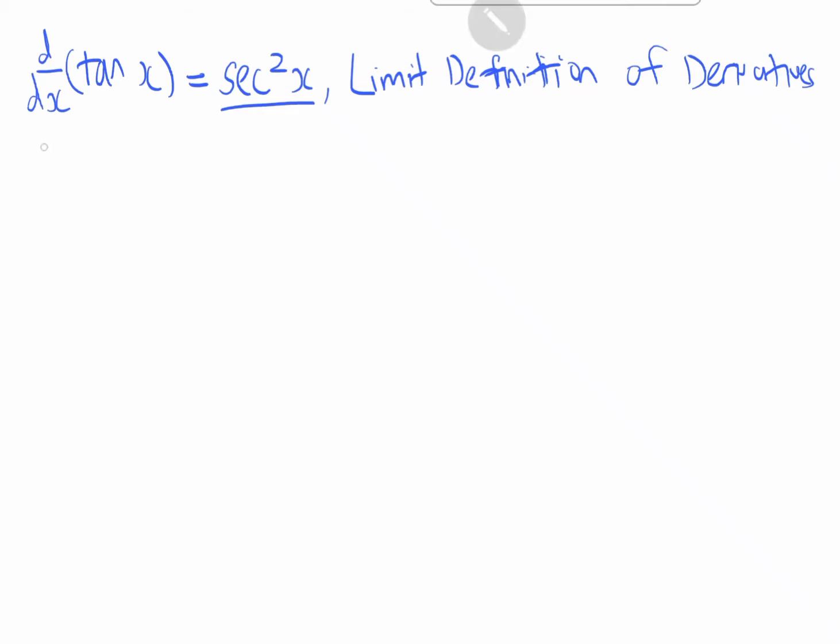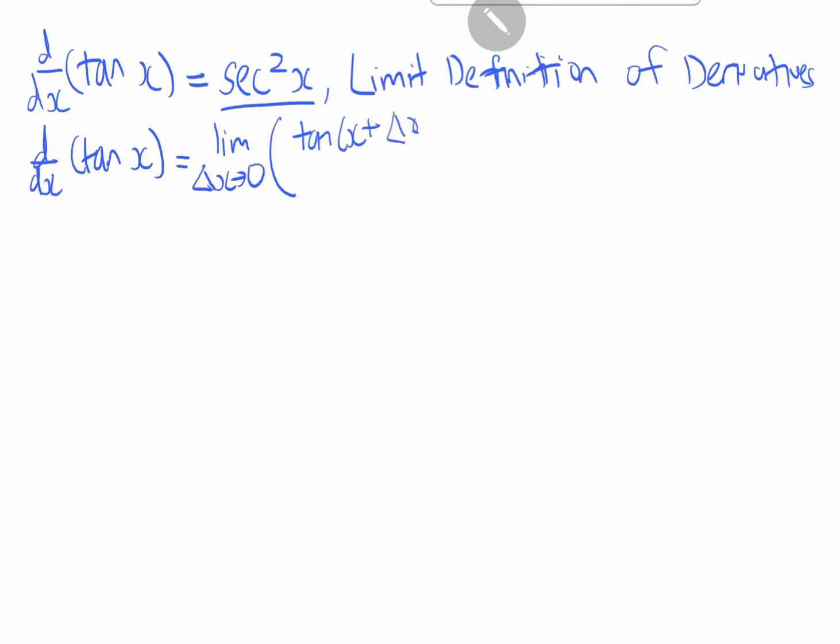So let's start off first. d over dx tangent x can be written as limit when delta x goes to 0, tangent x plus delta x, minus tangent x over delta x.